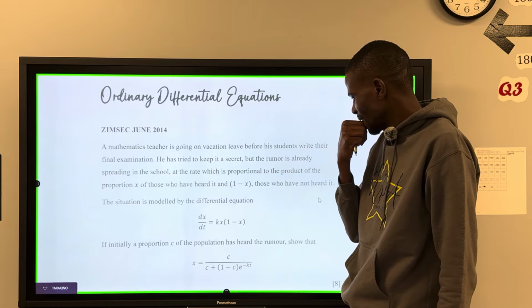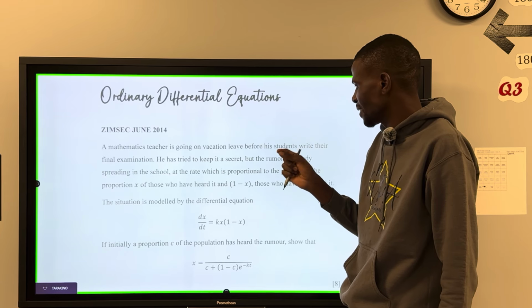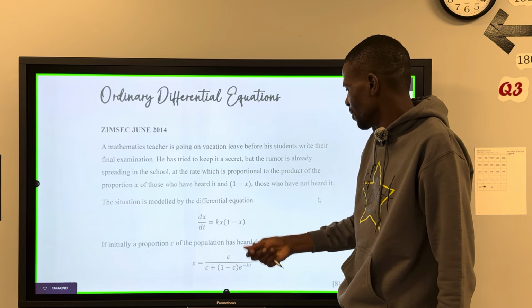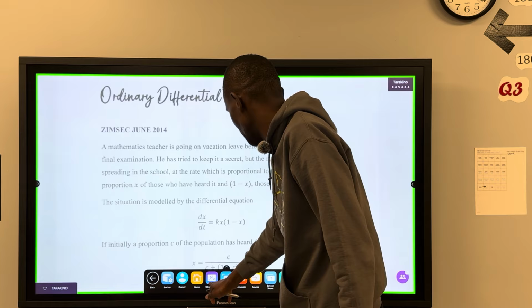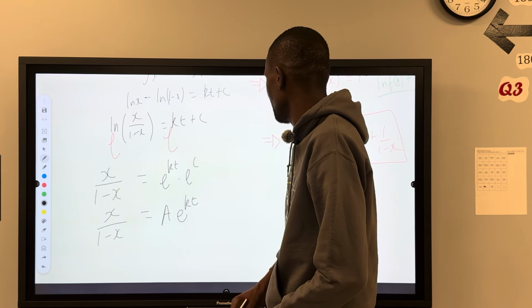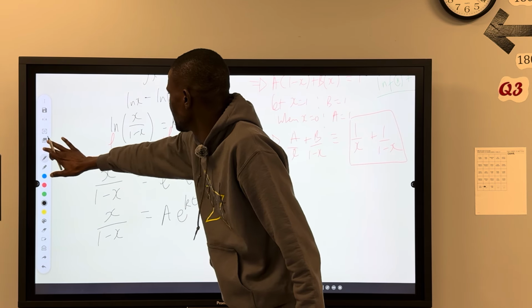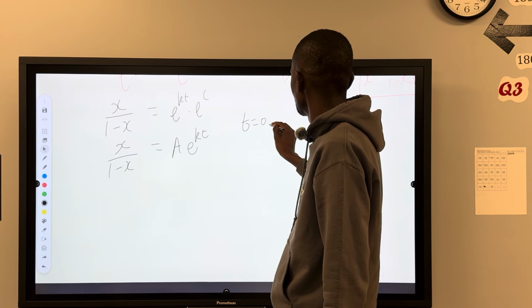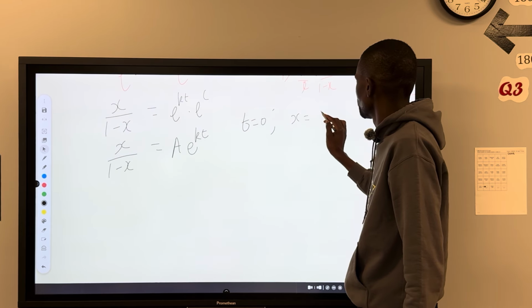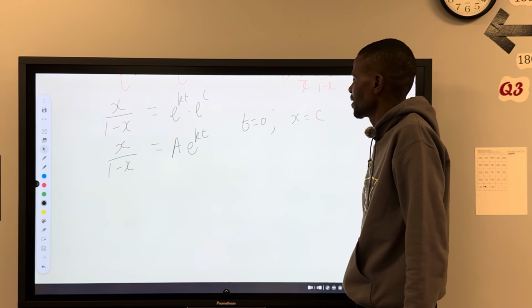So in this case, when x is C, t is 0. We need to find the value for that constant. These are our initial conditions. At time t equal to 0, x is equal to c.